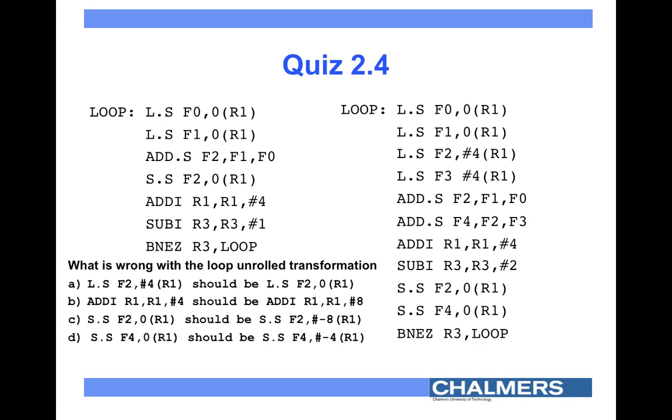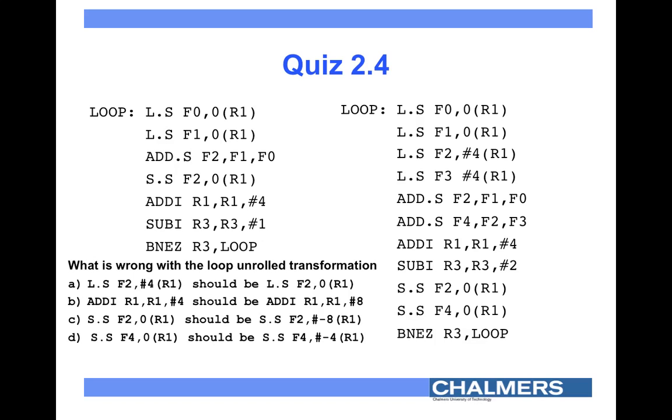Moving on to B. The add immediate R1 R1 4 should be add immediate R1 R1 8. That is true because we have two loop iterations, so we have to add 8, otherwise it will not work. So that's correct. That was an error in the loop transformation.